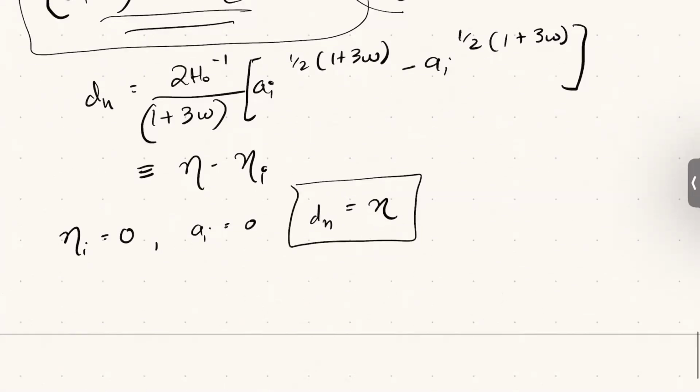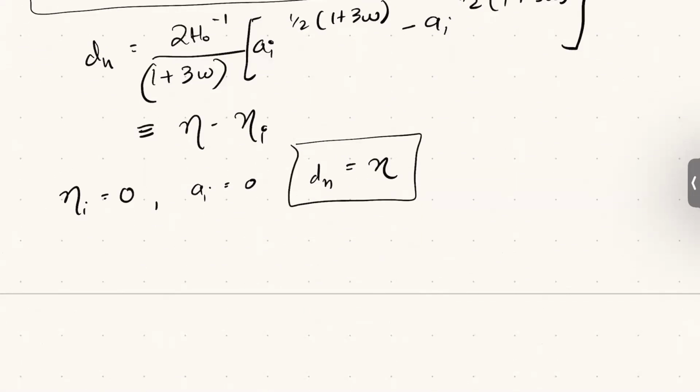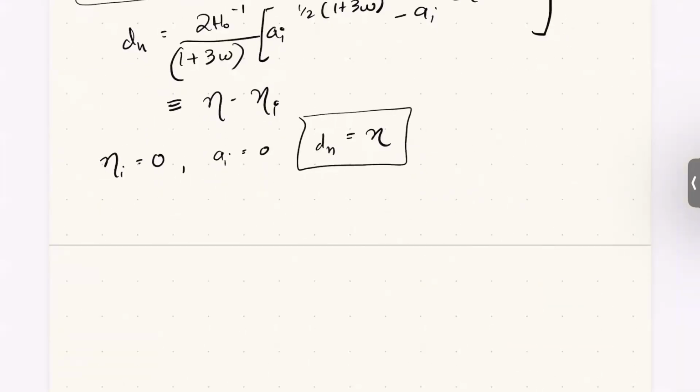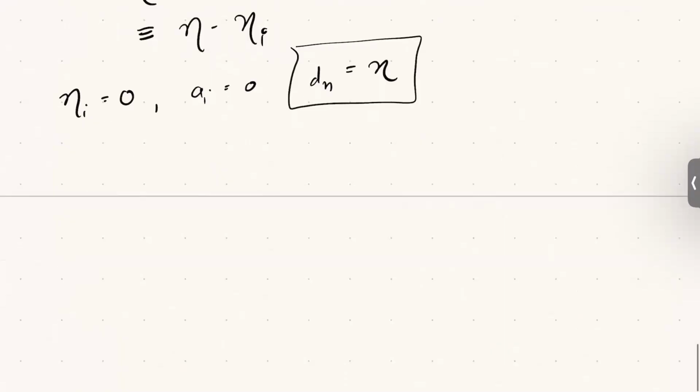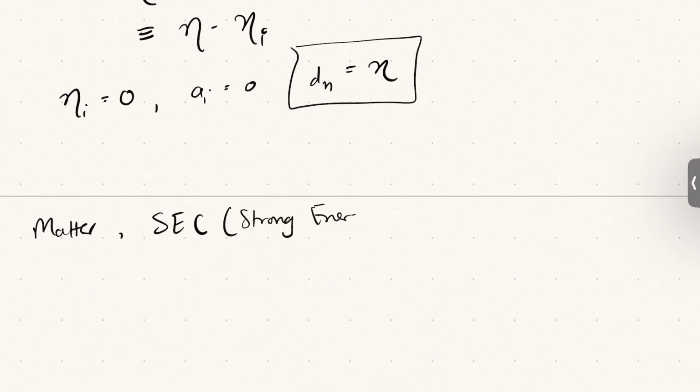Now, we know that ordinary matter abides by something called the strong energy condition. Okay, so if I have ordinary matter, and I'm just throwing out this information because I will use it in a bit. So for ordinary matter, it abides by something called the strong energy condition, which is shortly said to be SEC, which is given by this particular constraint.